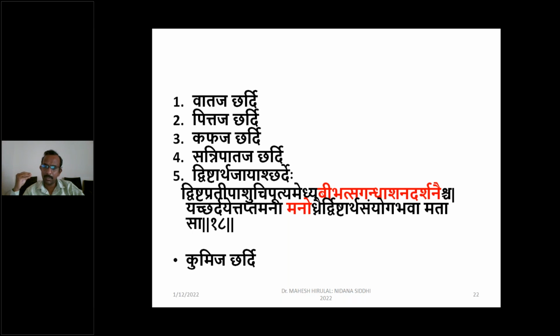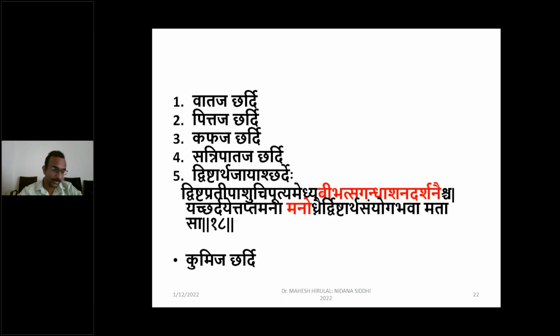Or if they take some unwholesome food, they will vomit. It is the Dushtartha Samyogaja, where there is an involvement of mana. For that only, there is a relation between the mana and the Annavaha Srotas. So if the mana is good, the person's Annavaha Srotas will also be good. So this is one example.